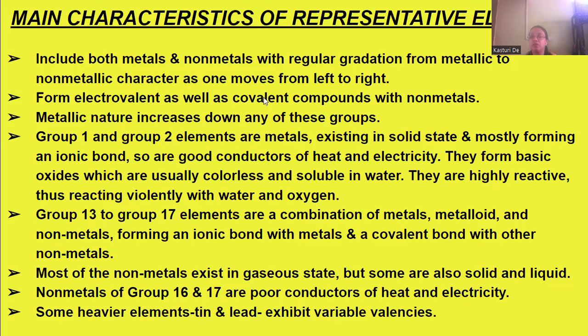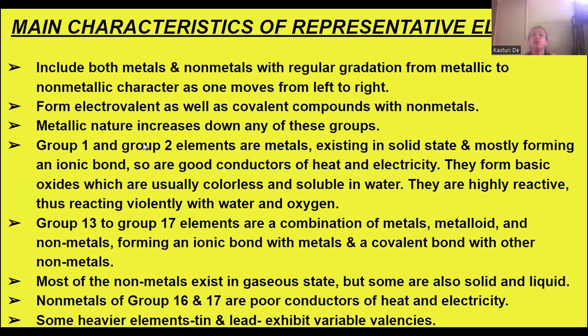Next, let us discuss some of the general characteristics of these representative elements. Mainly they include both metals and non-metals, with regular gradation from metallic to non-metallic character as one moves from left to right in the periodic table.